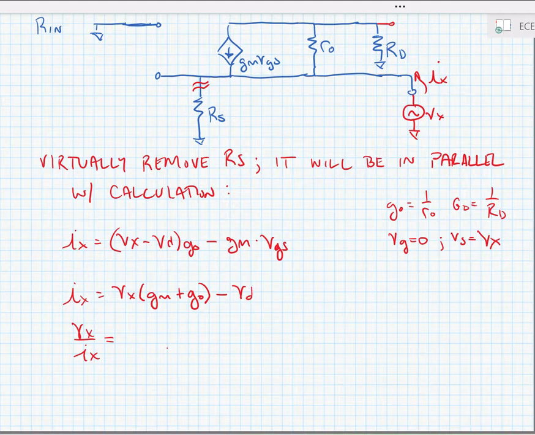Now, we can also go back up and write a KCL expression at the drain node, Vd.